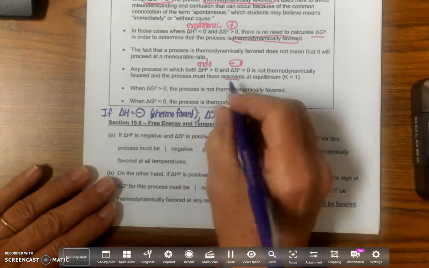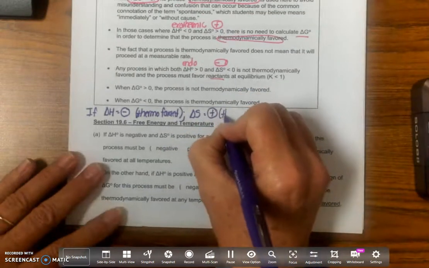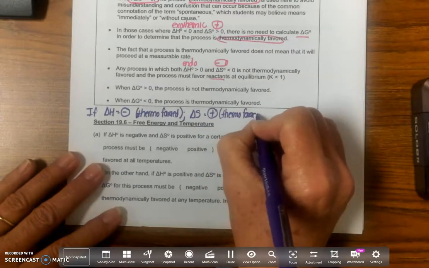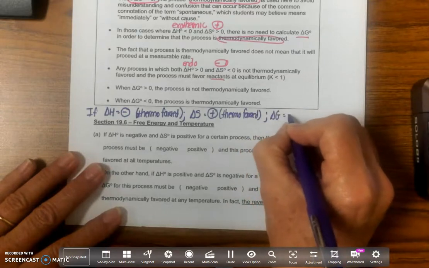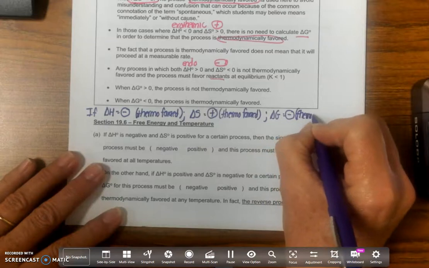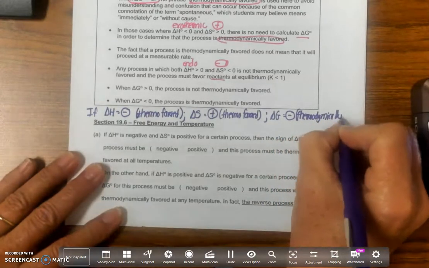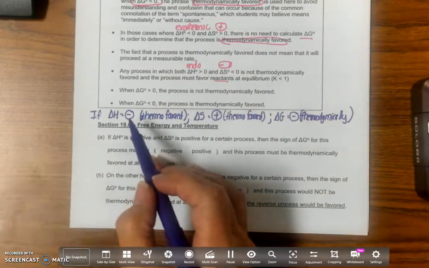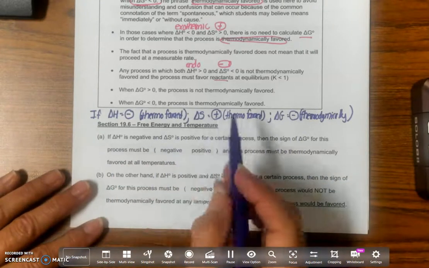When delta S is positive, thermodynamically favored, and delta G is negative. So when I'm looking at all of them, if my system has all of these three things, I know it's thermodynamically favored.